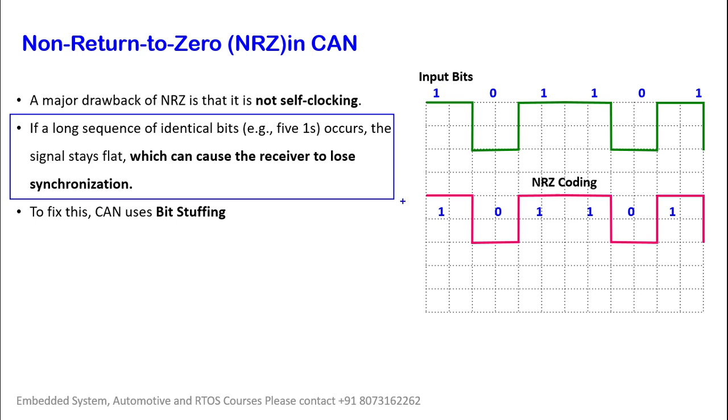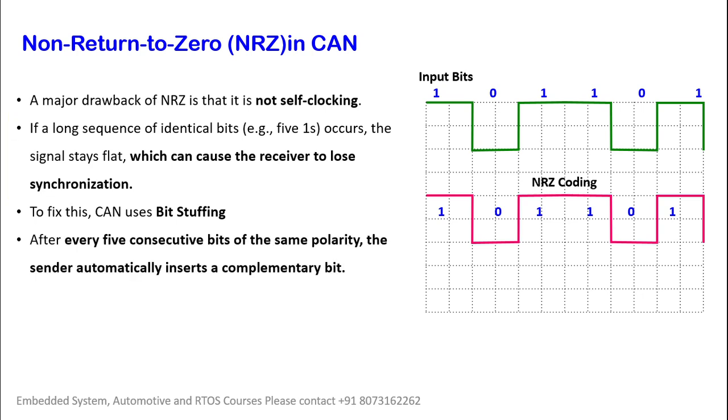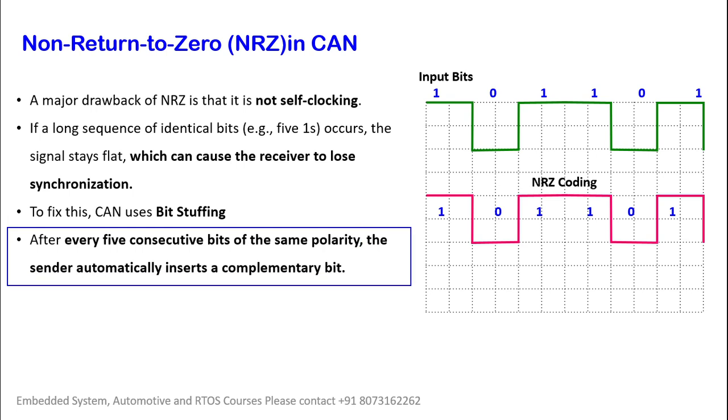So engineers and scientists came up with a bit stuffing mechanism. What is this bit stuffing mechanism? Bit stuffing says that for every 5 consecutive bits of the same polarity, the sender automatically inserts a complementary, or opposite polarity, bit.